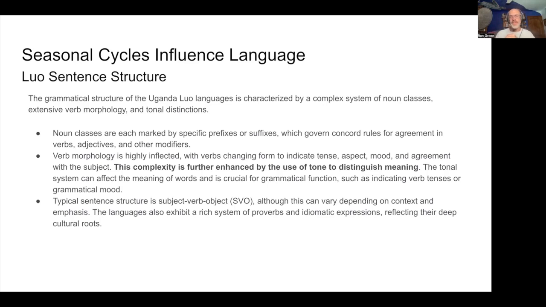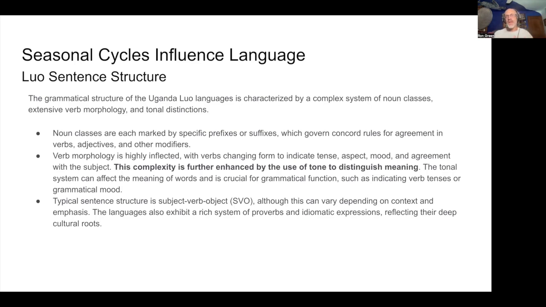So verb morphology in Luo is highly inflected. That means that you're changing one part of a word in very minute, very discrete ways to change the meaning of what you're saying. Maybe you're giving it a future tense, maybe you're giving it a past tense.